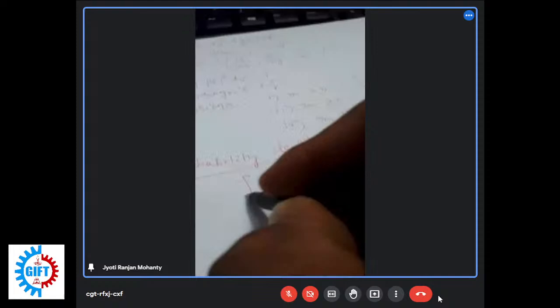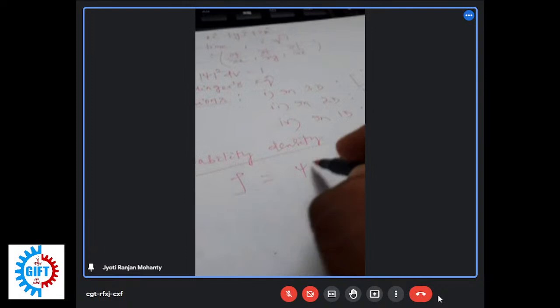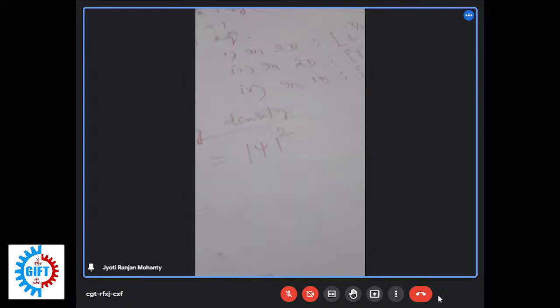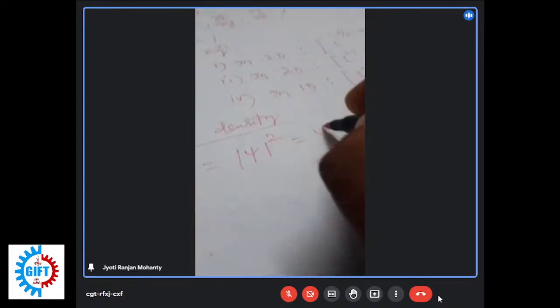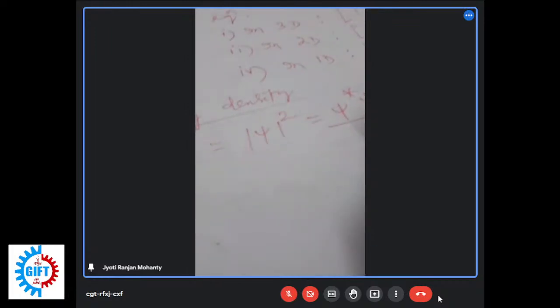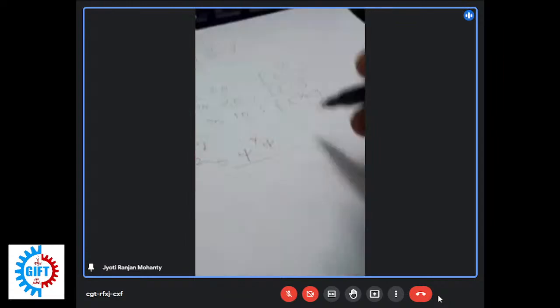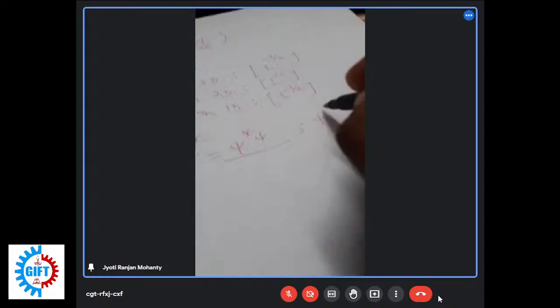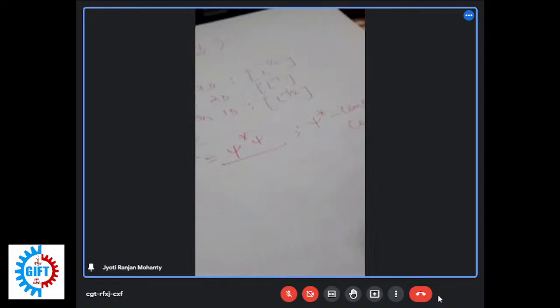Next, you have to find the probability density. This is rho, the density, which is equal to psi mod square. Remember, psi mod square means psi star into psi. How to find psi star? Psi star is known as the complex conjugate.